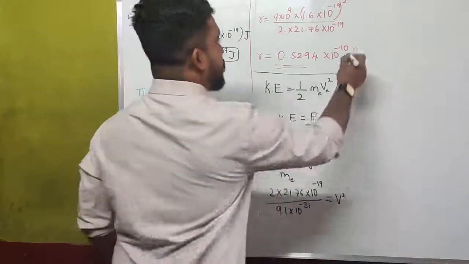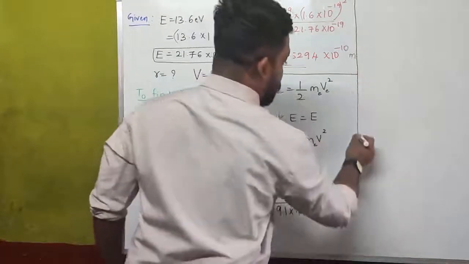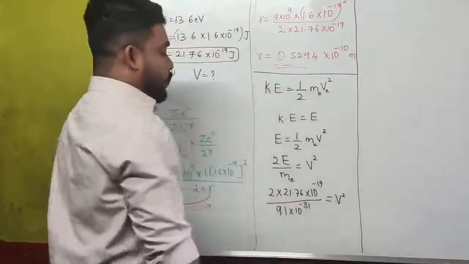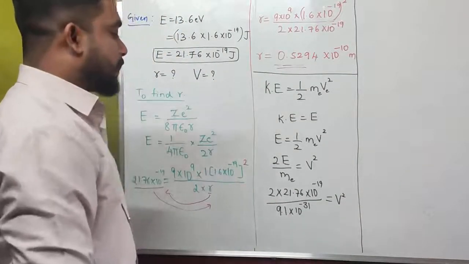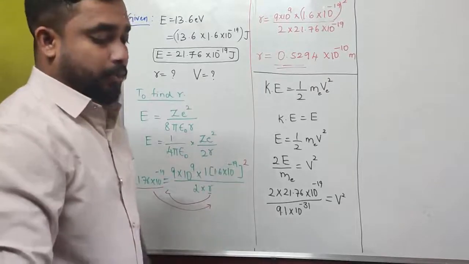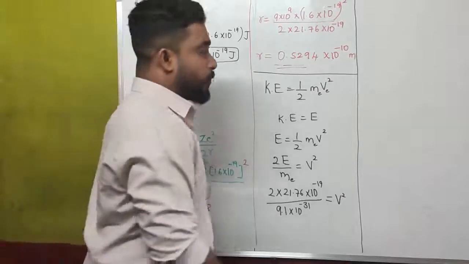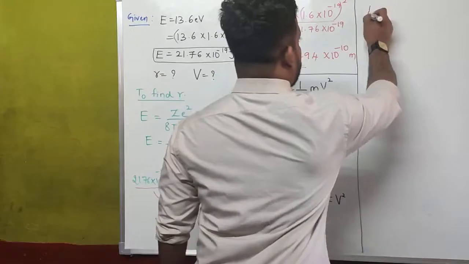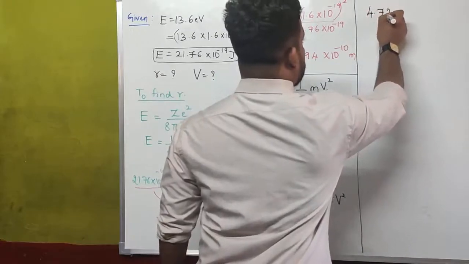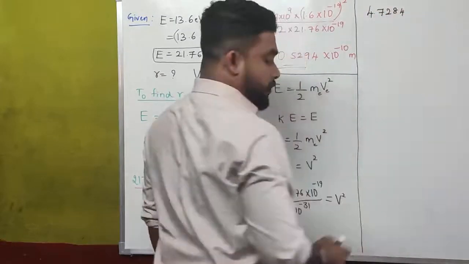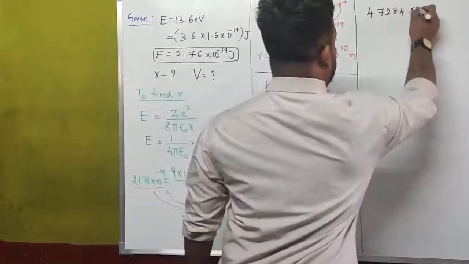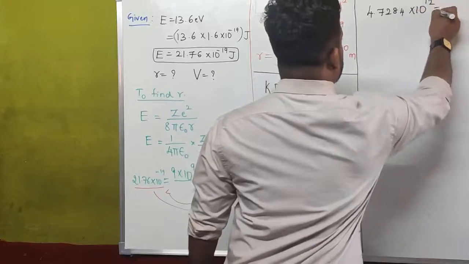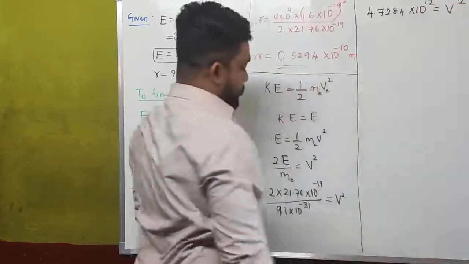Now, if we calculate this, what will we get? 2 into 21.76 divided by 9.1 is approximately equal to 4.7284, so 4.7284 × 10^12 is equal to v square.